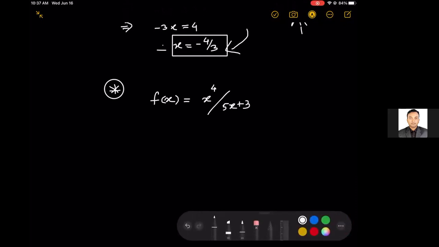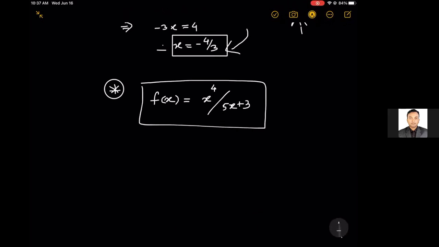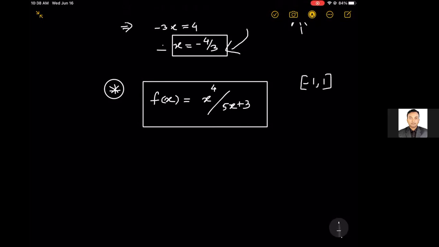Let's do it this way. Try to find the maximum and minimum values for this function in between -1 and 1. Okay. Just to clarify, that's x to the 4th divided by 5x plus 3. Okay.